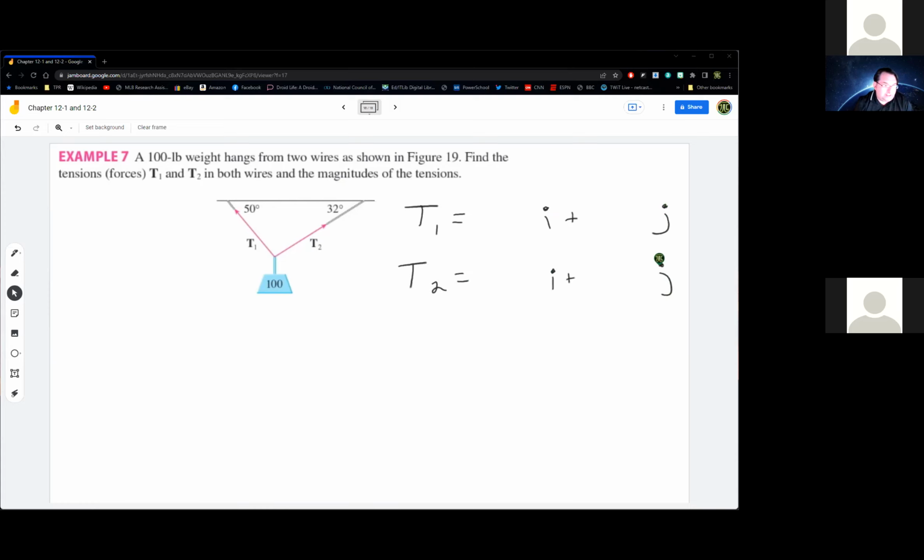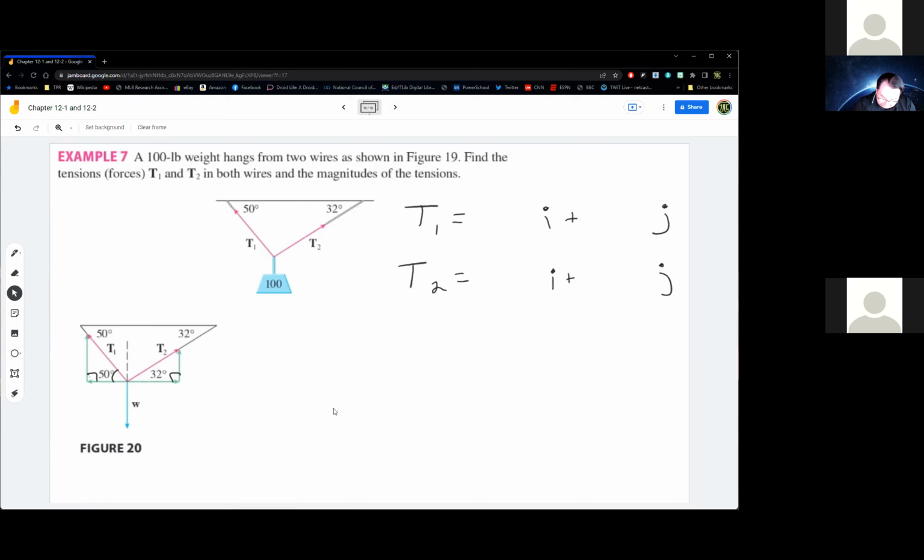Okay, so let's look at this in terms of an actual triangle. So here's my triangle. So we've got some right triangles here. So that's my right triangle. So this right there that's 50. So I'm looking for my horizontal distance right here.